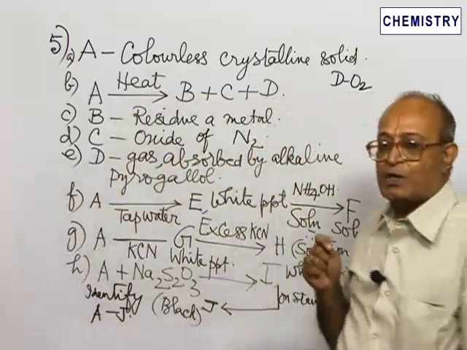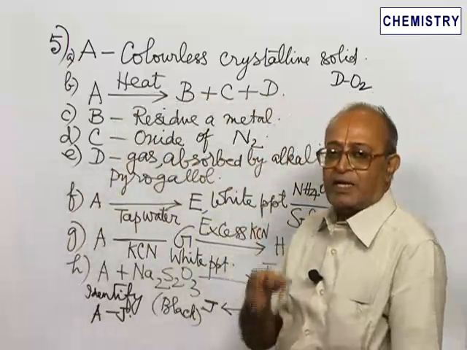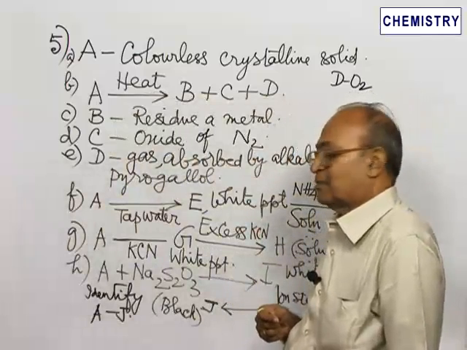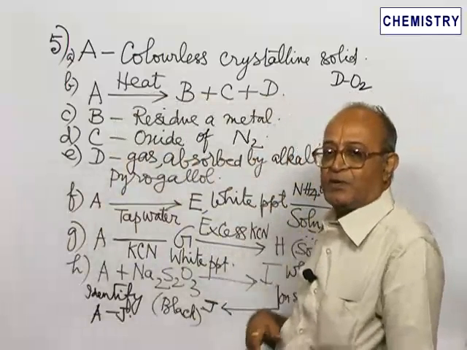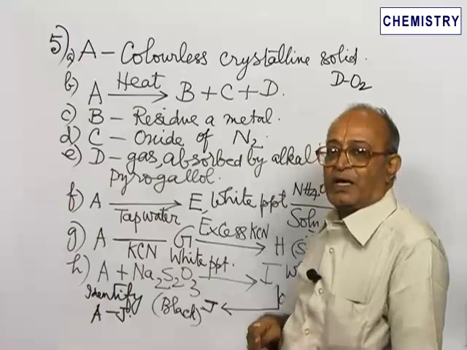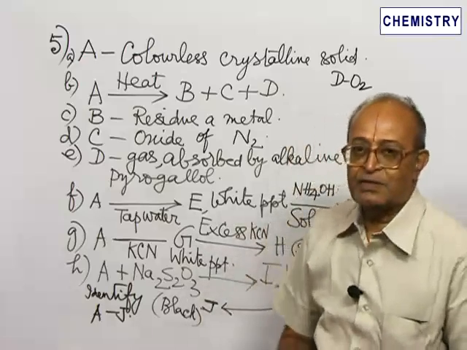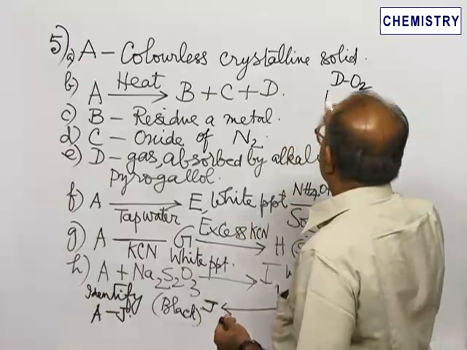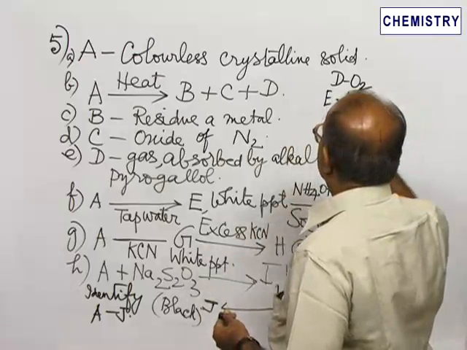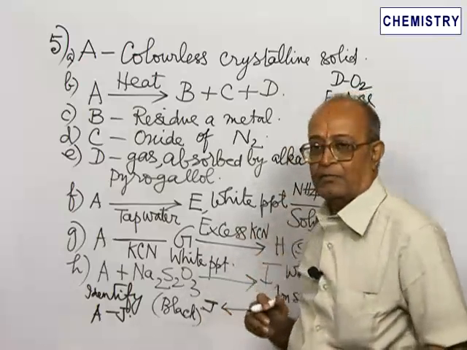If tap water gives immediately a white precipitate, that white precipitate will be usually AgCl, silver chloride. So, E is AgCl.